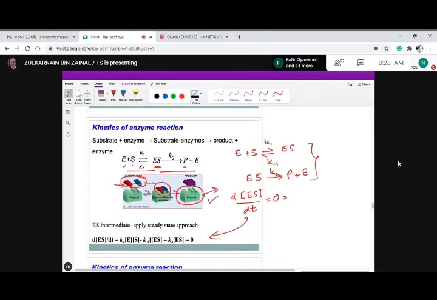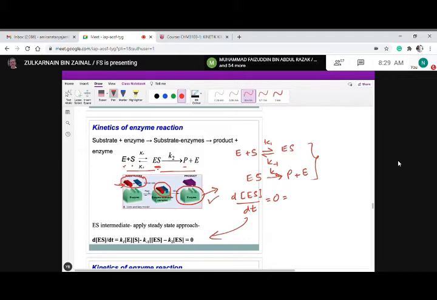Kinetics of enzyme reaction. All right, so we have seen the kinetics of enzyme reaction is not far different from the kinetics that we have seen earlier for the acid-base reaction. It involves two steps, as you can see.